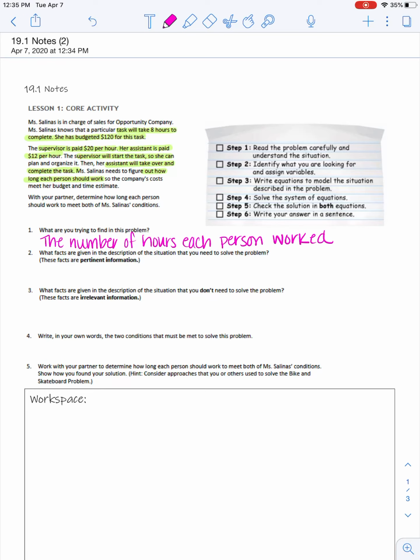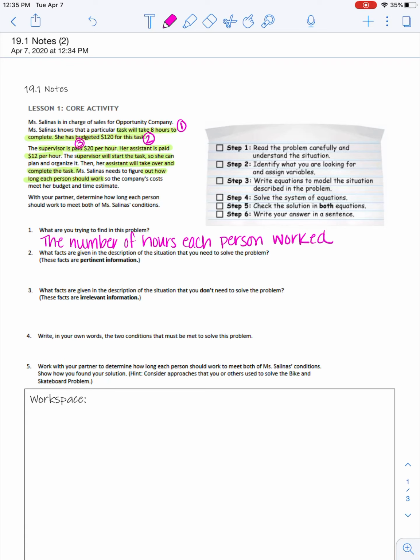Okay, number 2, what is the pertinent information? So what is important for solving this system of equations? Important fact number 1 is that the task will take 8 hours. I'm just gonna go through the highlighted information. Important fact number 2, $120 is the budget.